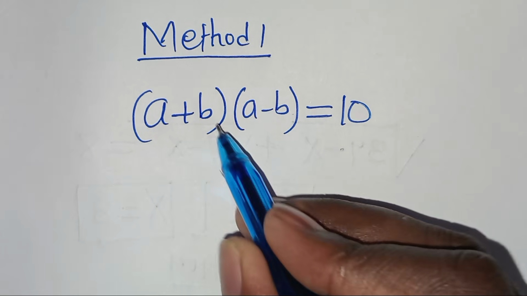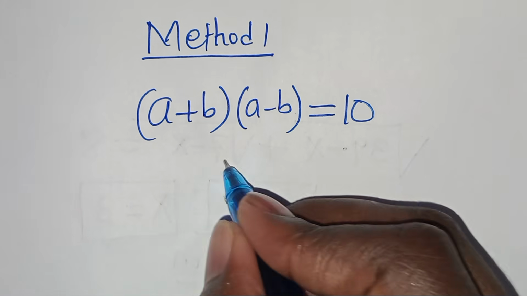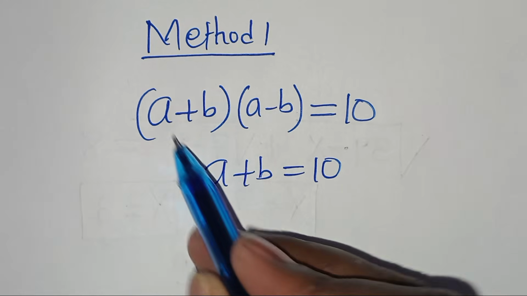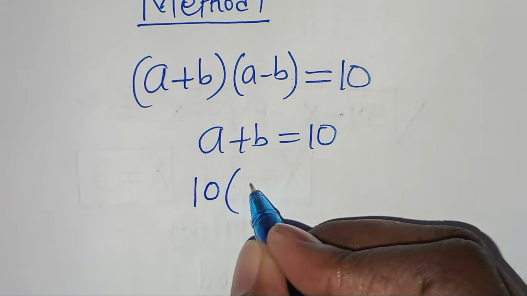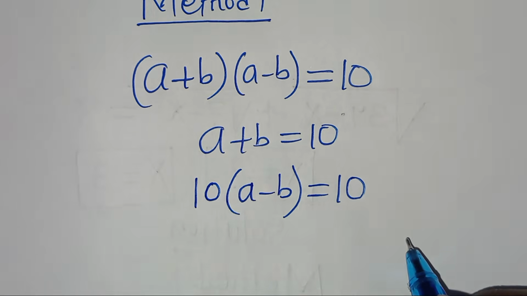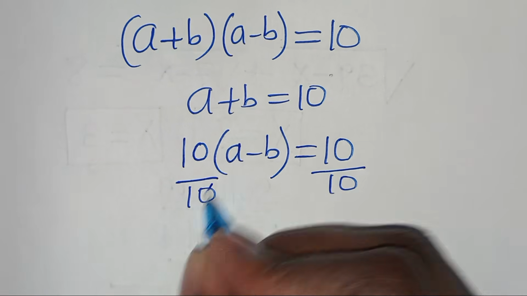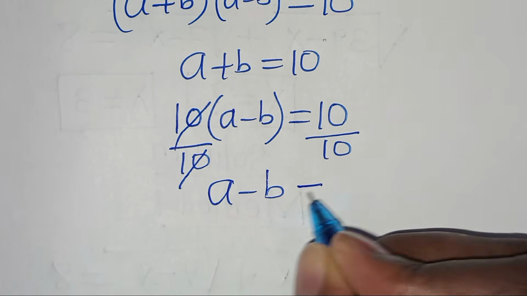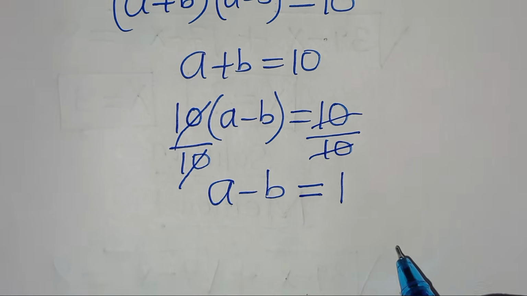Now from equation 1, which is a plus b equal to 10, let's substitute a plus b with 10, so that we have 10 times a minus b equal to 10. So let's divide both sides by 10, and this implies that a minus b is equal to 10 divided by 10, which is equal to 1.